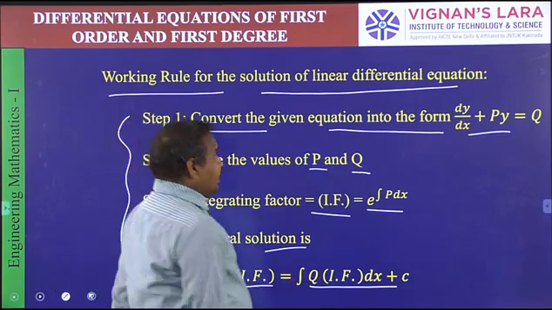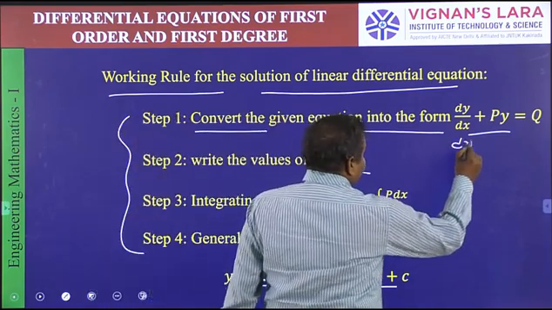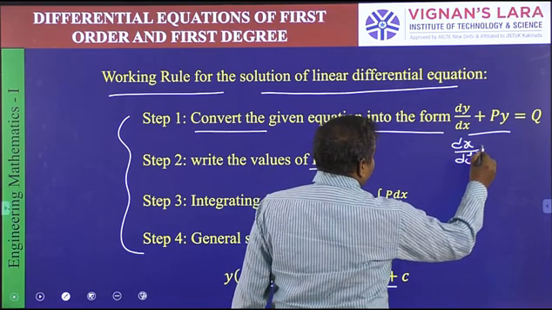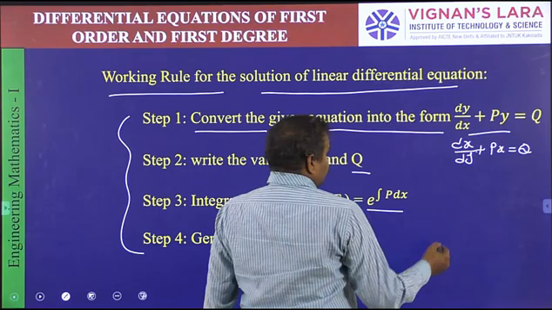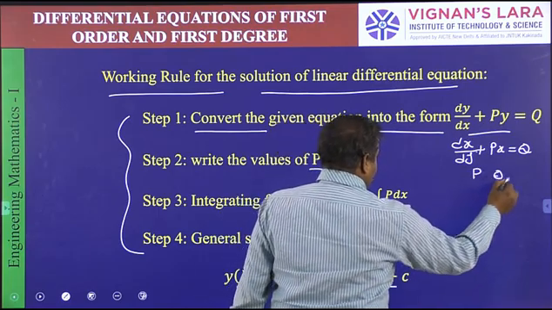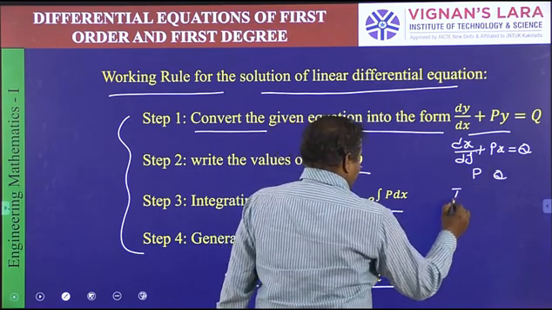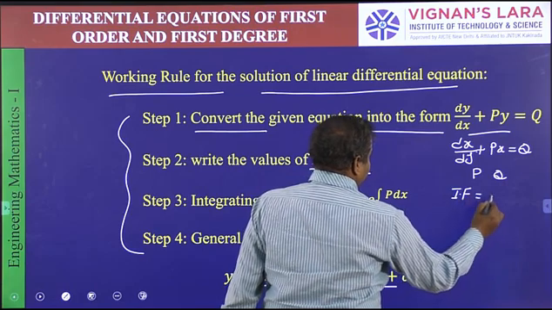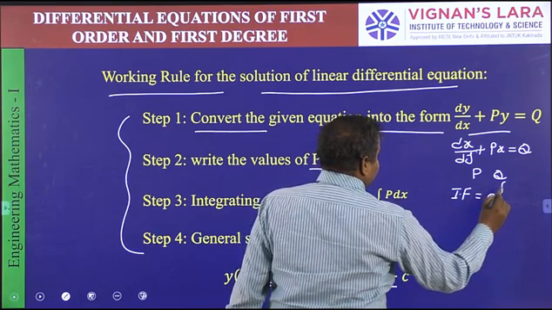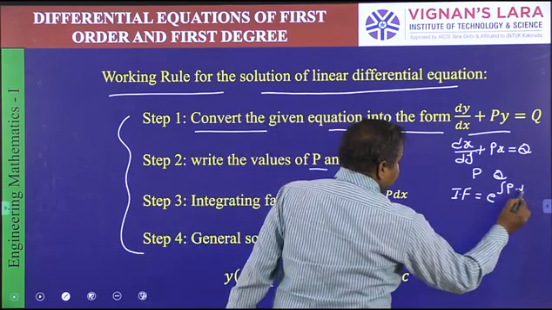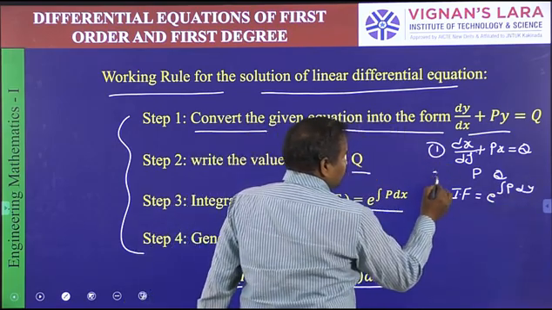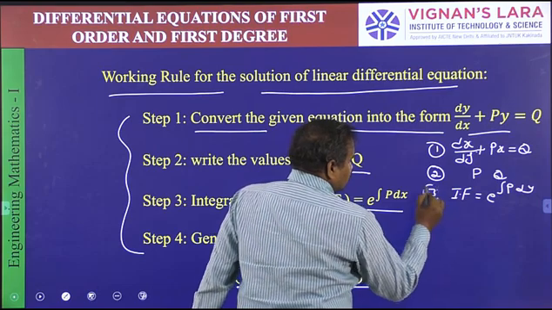What about linear in x? First we convert the given equation into the form dx by dy plus px is equal to q. Next we write p and q. Next we calculate the integrating factor. What is the integrating factor? e power integral p dy. This is the first, second and third step.